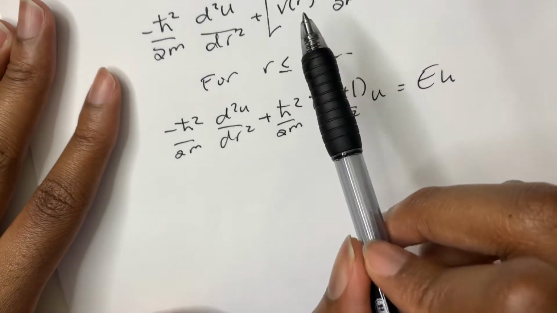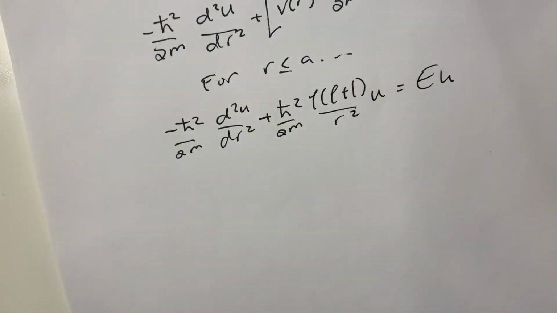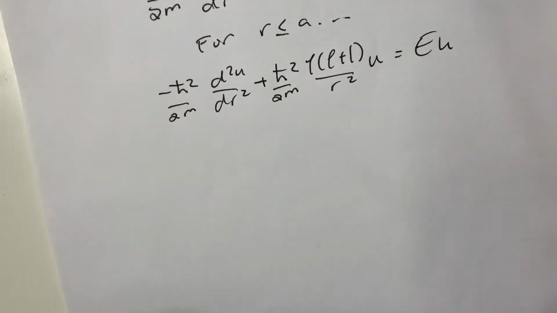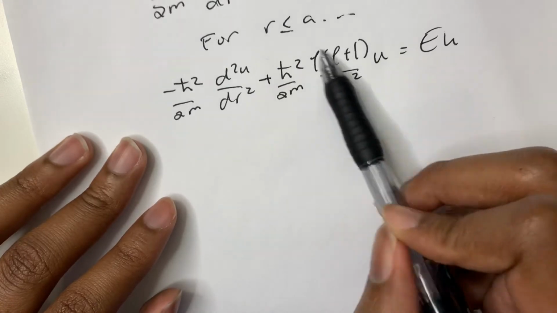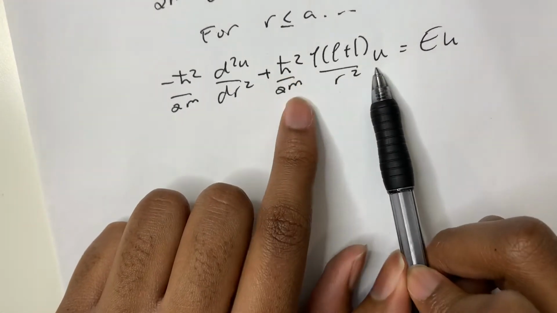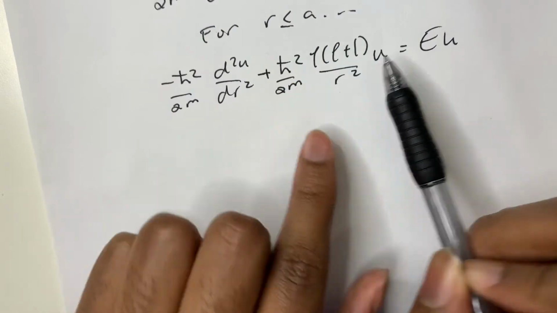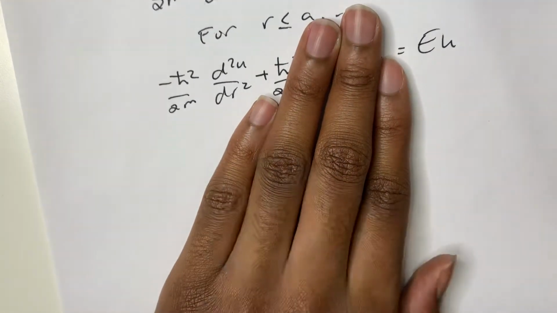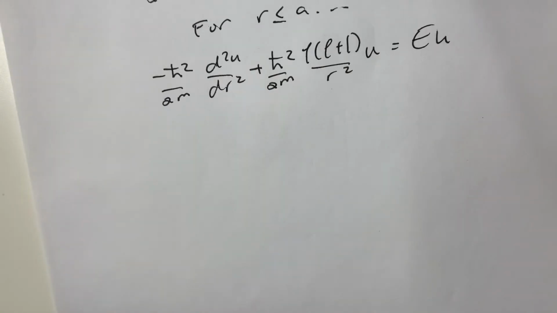This is because the potential is 0 inside of that sphere. Now, you can probably see why this part here messes up our equation. Because if the effective potential was 0, we would just have a free particle equation. But it's not 0, and that messes things up.